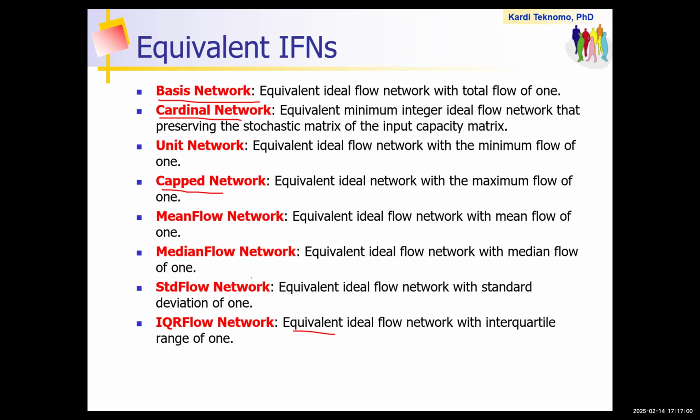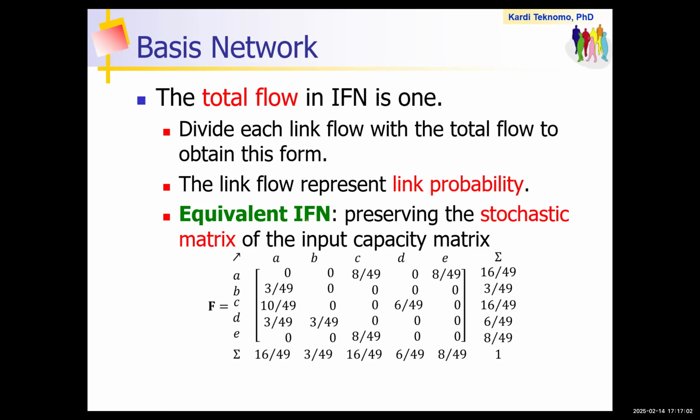I will give you an example so that you can get the idea. Say in this ideal flow matrix, the total is one, kappa is one. If you look at the values, they are all divided by 49.